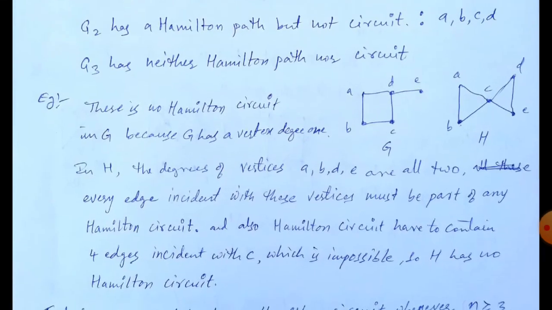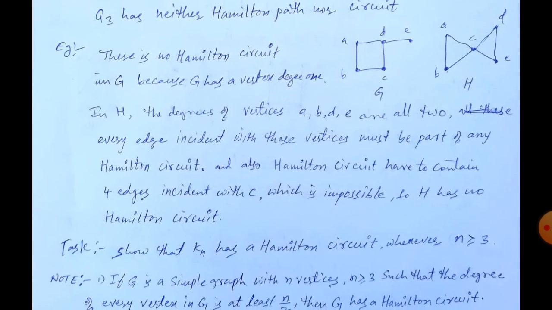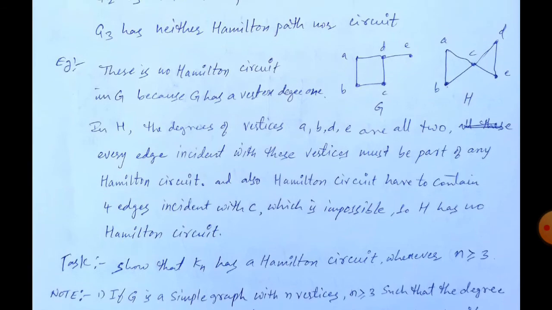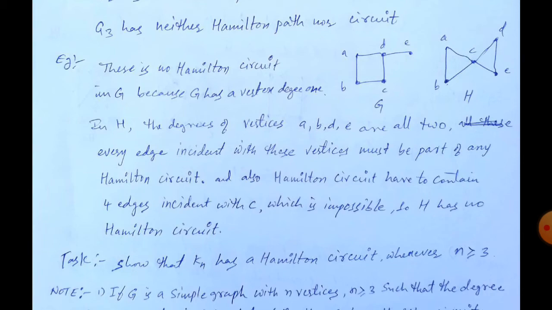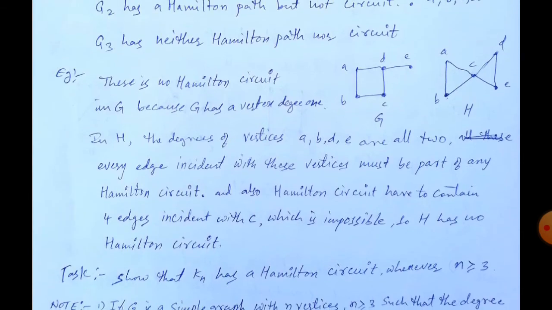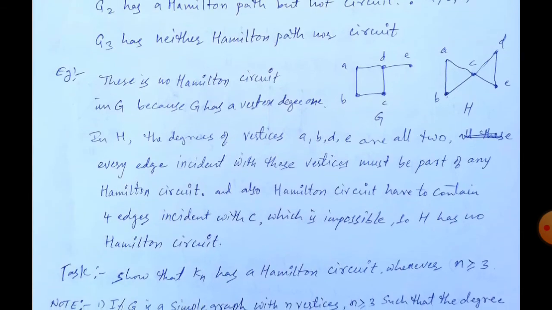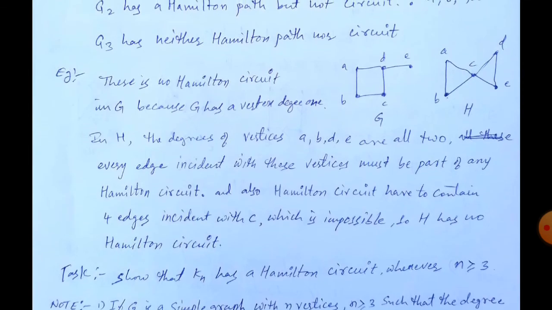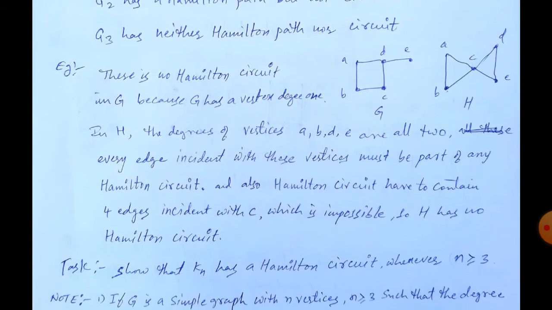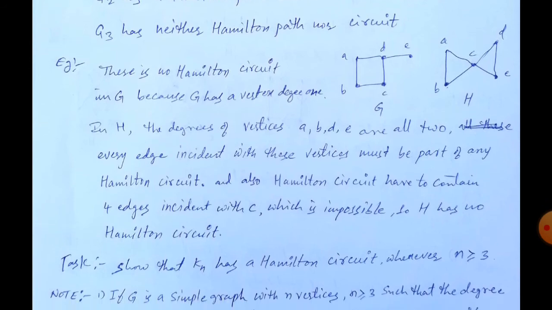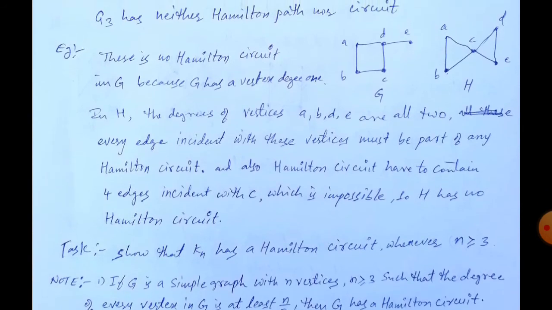Now observe the graph H. The degree of vertices A, B, D, E, you can observe all have degree 2. Now how many vertices are there like this? 4 vertices are there. Now you can observe every edge you have to include with these vertices must be a part of the Hamiltonian circuit.